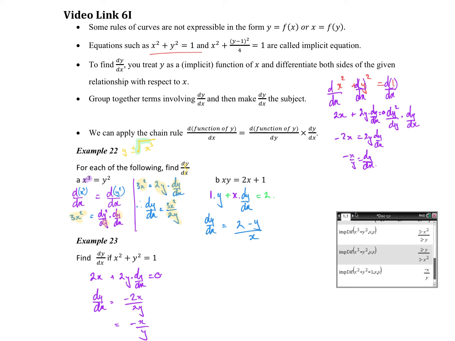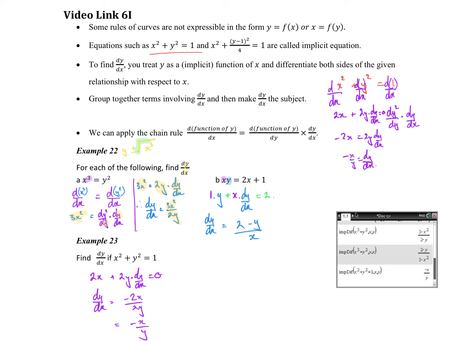Example B, same process, except this time I've got a product rule. I've got two different functions there, so it's got to be the derivative of the first times the second plus the derivative of the second times the first.